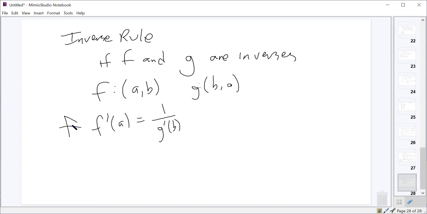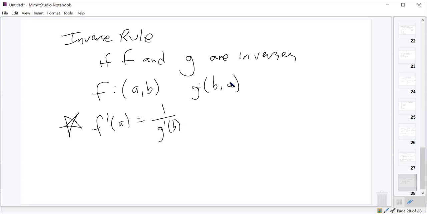So we really just need to know that formula. And I would say a good majority of the time, they'll just give you a chart with a bunch of values on it and tell you that f and g are inverses, and then ask you to find f prime of 7 or something like that.